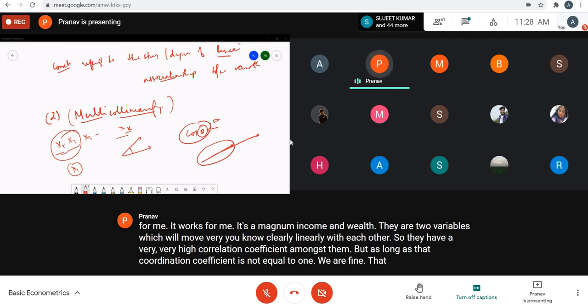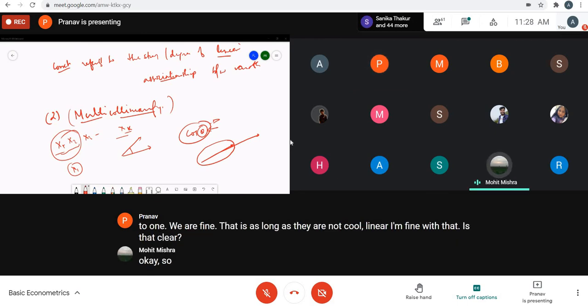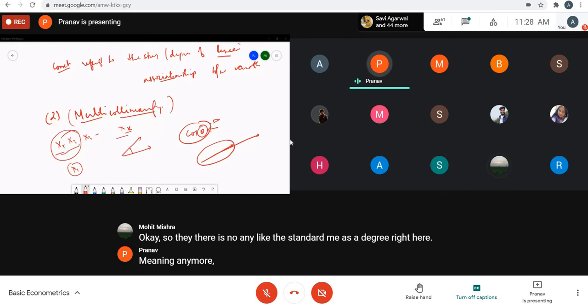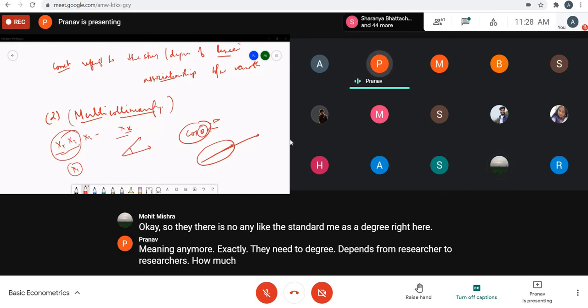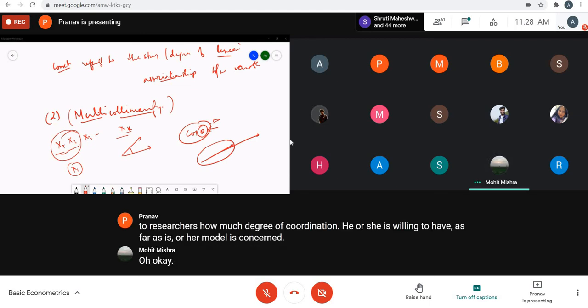That is, as long as they are not collinear, I'm fine with that. Is that clear? Okay, so there is no standard degree, sir, that above this we will not accept? Exactly. The degree depends from researcher to researcher, on how much degree of correlation he or she is willing to have as far as his or her model is concerned. Oh, okay, sir. Thank you.